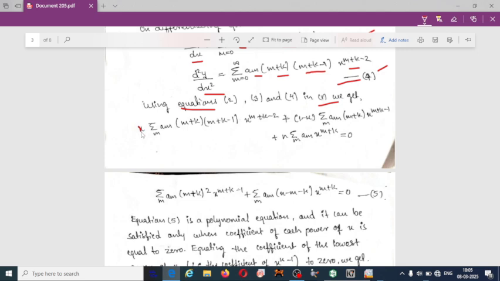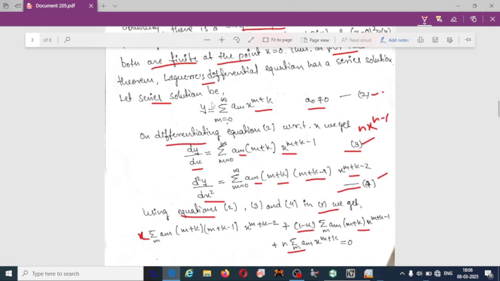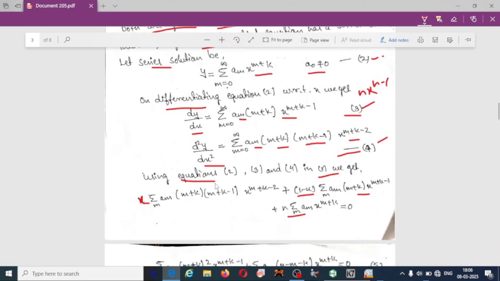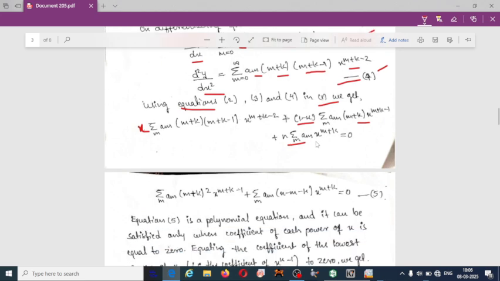The first term is x into summation a_m (m plus k)(m plus k minus 1) x to the power m plus k minus 2. The second term is (1 minus x) into summation (m plus k). Like that you should substitute all the three values, y, dy by dx and d squared y by dx squared, in equation 1. You will finally get this equation.